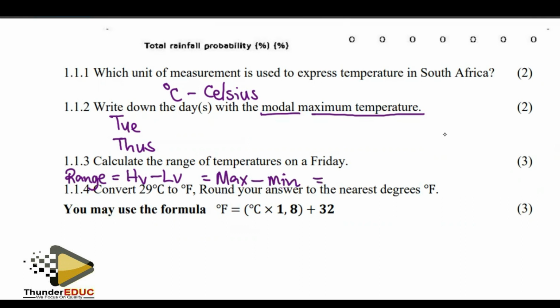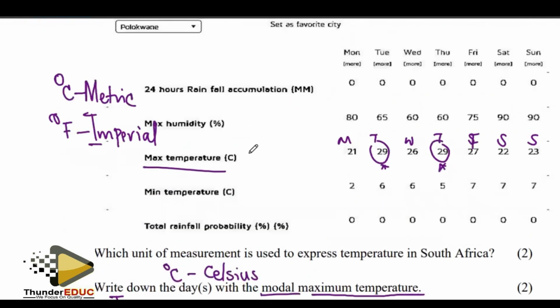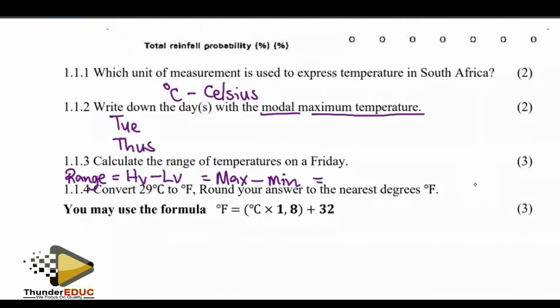On Friday, we had 27 as maximum and minimum as 7. We shall write 27 minus 7. So your answer becomes 20 degrees Celsius. That's the range.